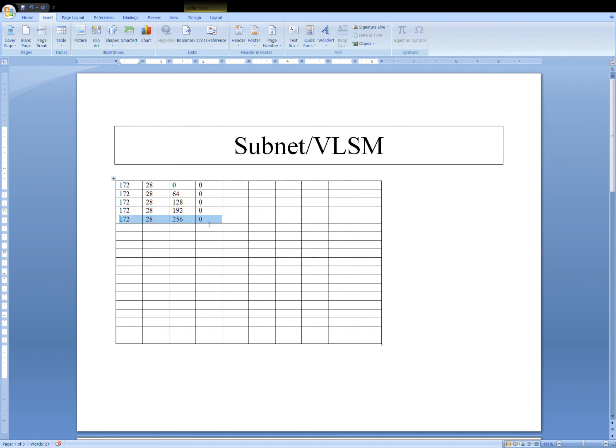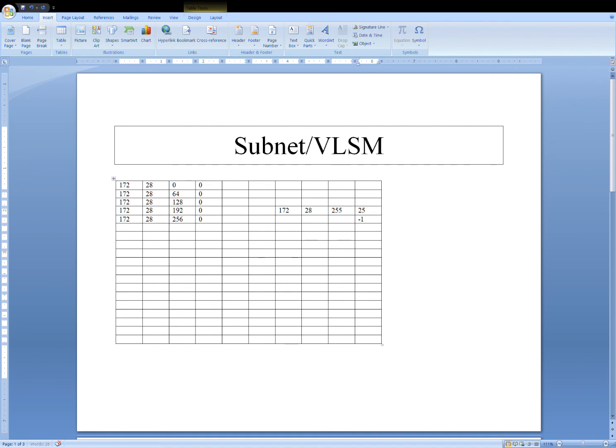So I do the same thing. Go to the next network, minus a 1 to find the broadcast address. Can't take 0 minus 1, so I've got to borrow. When you borrow from 256, you get 255.